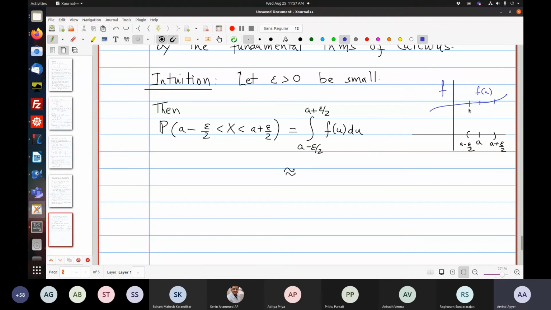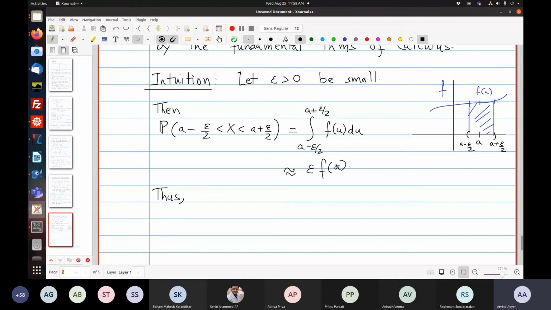I want to calculate the area of this region, and this is approximately a rectangle if epsilon is small, and this is width times height. So this is going to be epsilon times f of a. So what this says, the intuition, is that thus.